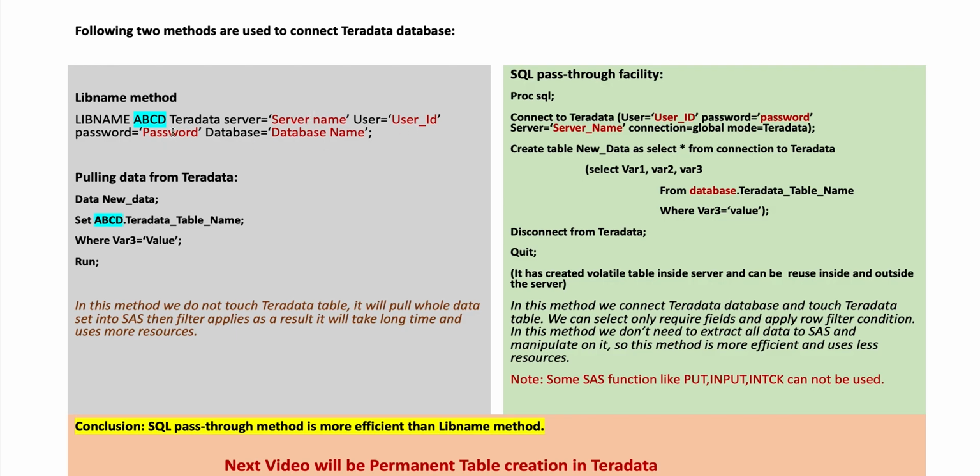These 3 information are provided from technology department. And 4th information, database name, is used according to our requirement. That means from where we are going to extract data. According to requirement, we use database name.